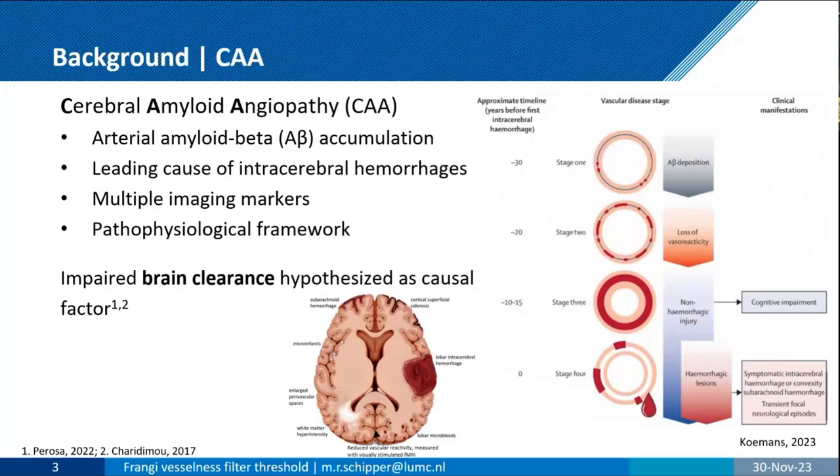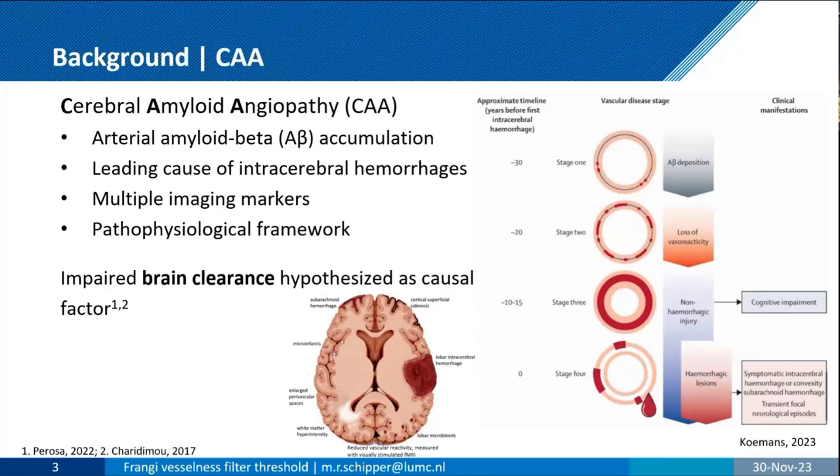Recently, this pathophysiological framework has been introduced by one of our colleagues, Emma Koemans. She introduced the idea that different stages follow into each other. The first stage is the amyloid beta deposition in and along the vessel walls.